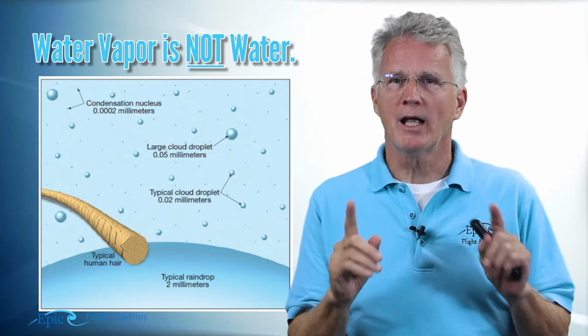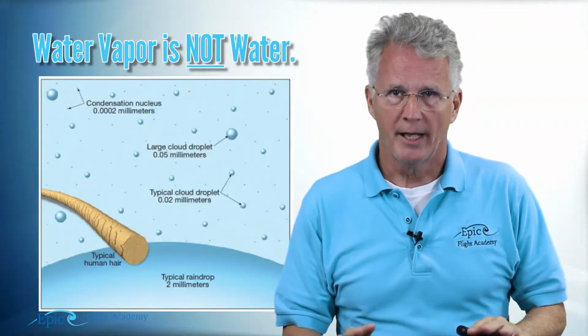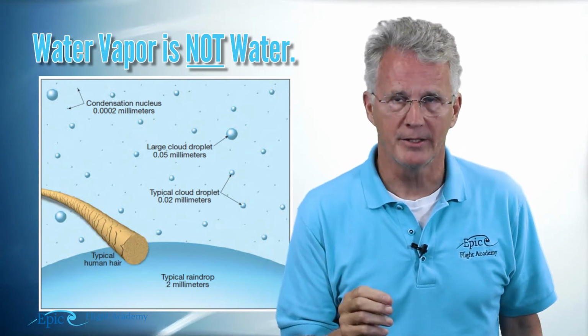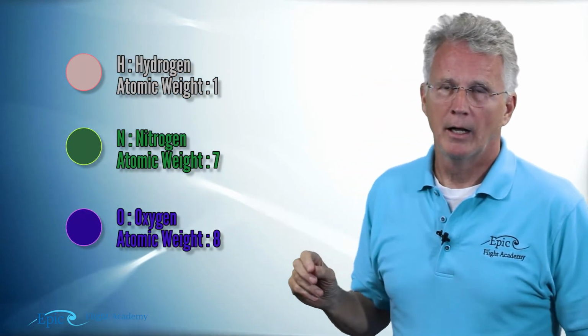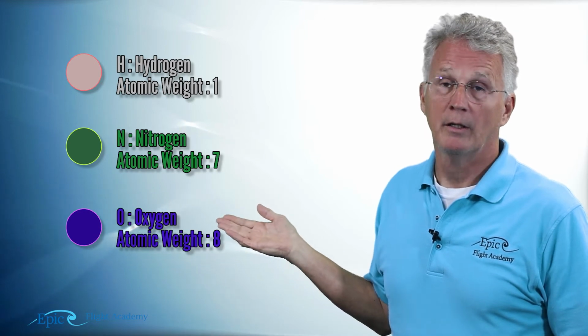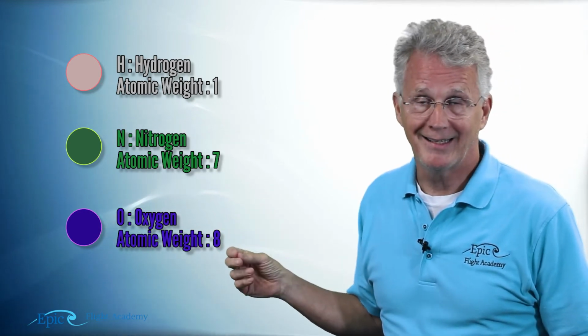Let's see. We're going to have to go back to a little bit of high school chemistry. Oh no, not chemistry. I became a pilot because I was not interested in chemistry. Well, don't panic. We're just going to touch on the basics. The hydrogen molecule has an atomic weight of 1, nitrogen 7, oxygen 8.